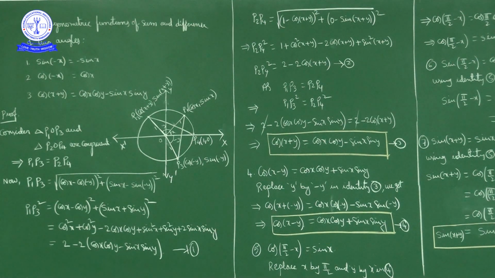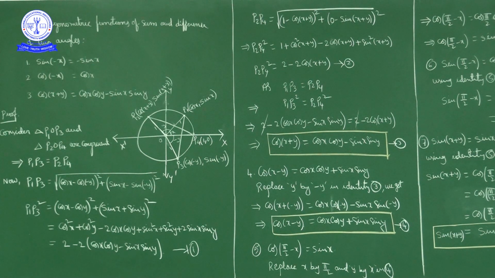Already cos pi by 2 minus x is sin x, so sin x cos y plus sin pi by 2 minus x, which is cos x, into sin y. So sin x plus y formula is sin x cos y plus cos x sin y.